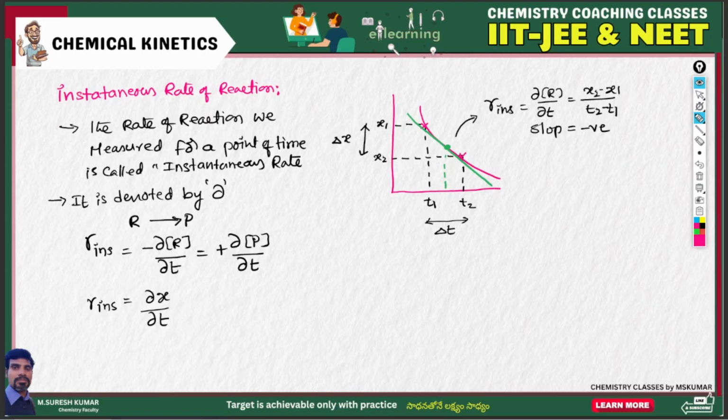Suppose the same graph I want to express in terms of product. Then the rate of reaction increases with respect to increase in concentration of product. Here x1 is the concentration at time t1, and x2 is the concentration of product at time t2.